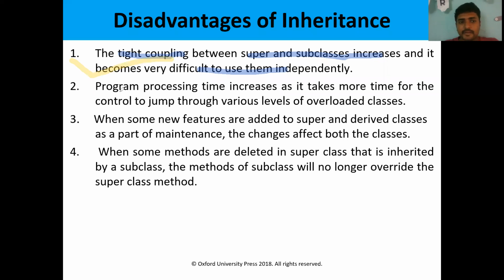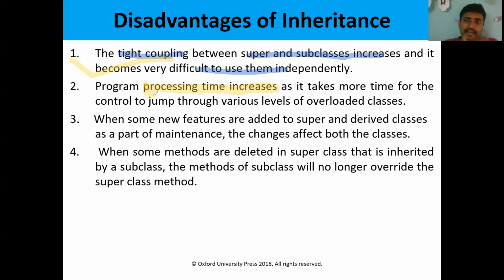Then program processing time increases. While executing class B, ij values will be there. The ij values are declared in class A, so the control has to go to class A. Suppose you declare class C, which has some variables ij, k, l.